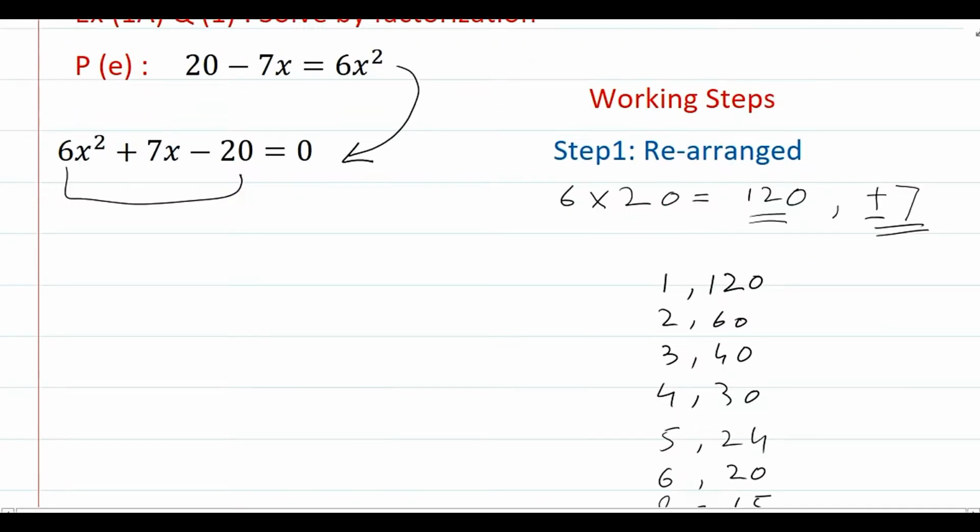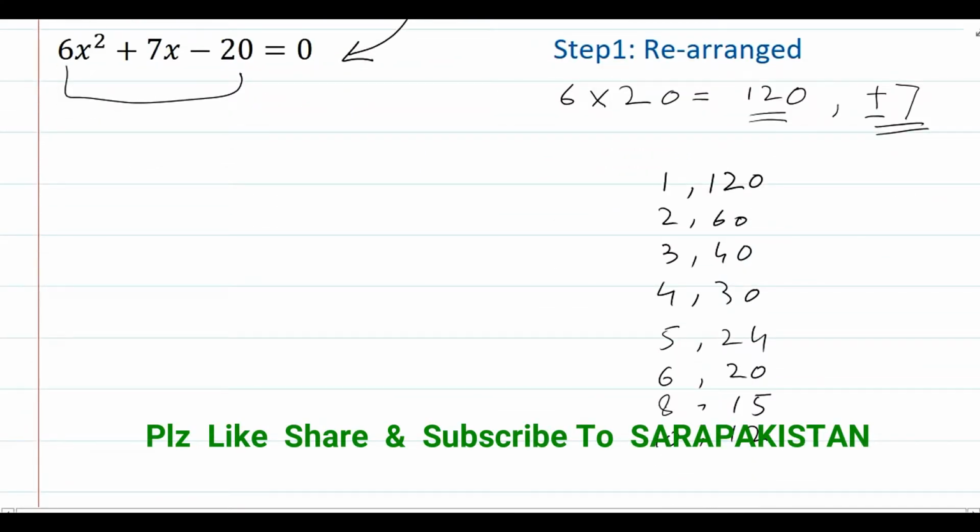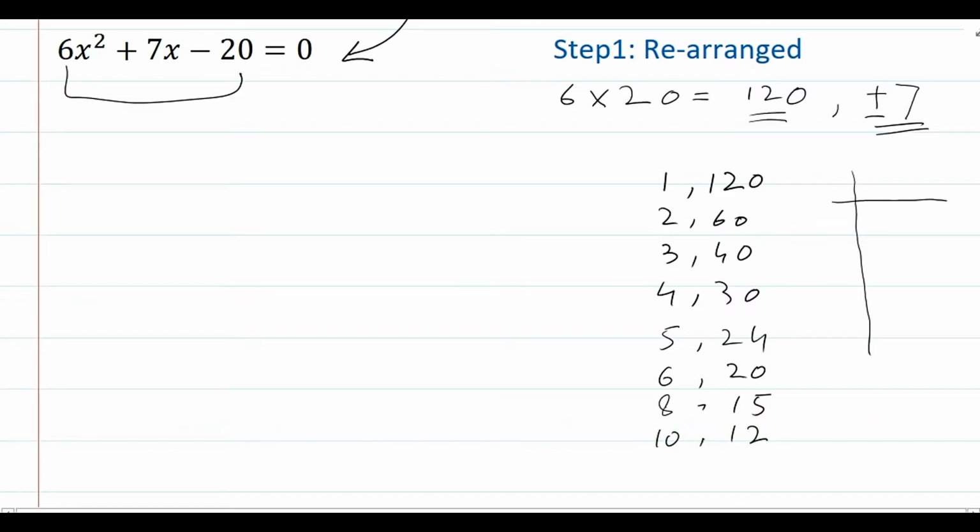To find out that pair, you can get help from prime factorization. You can divide by 2, you will get 60, then dividing by 2 you will get 30, then dividing by 2 you will get 15, then 3 times 5, and then 5 times 1.